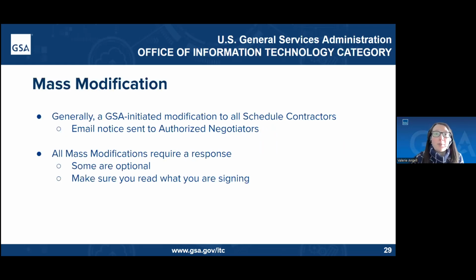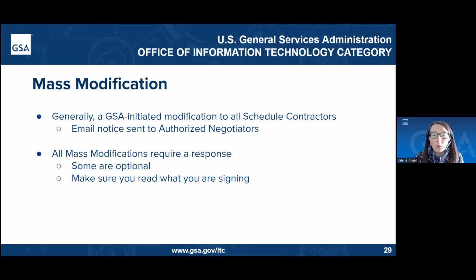First, we'll talk about mass mods. Mass mods, so this is MASS mods, are typically a GSA-initiated modification issued to all schedule contractors. Mass mods are released when a uniform change occurs schedule-wide. When a mass mod is released, an email notice will be sent out to all of the authorized negotiators.